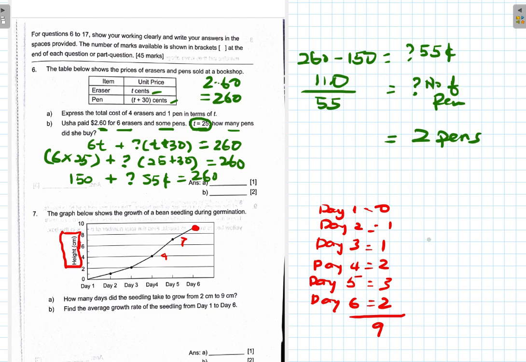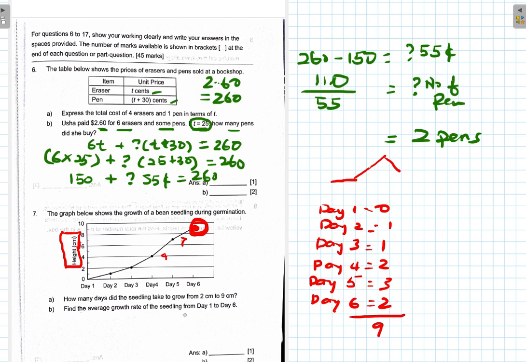Because now here is the height in centimeter, it's not the growth rate, or the number of centimeter growth. If the number of centimeter growth, then someday it will grow more, someday it grow like 1, then 1, then someday it grow 2, then someday it grow 3, like you will see a graph like that. Then you add this out. But this is actually already the total sum already.